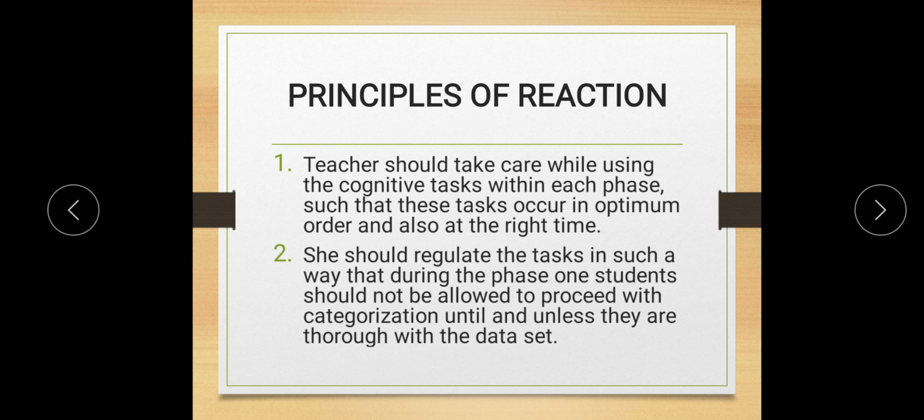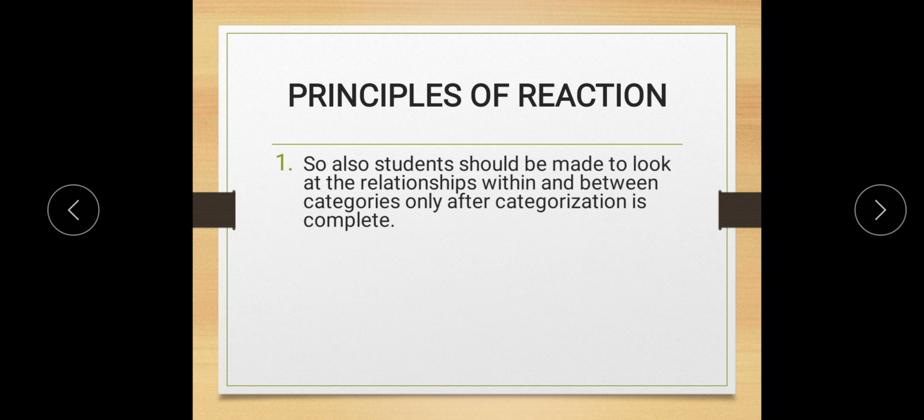That is, they need to understand the kind of data that is given and should not go for classification of data without understanding what is given at first. Also, the students should be made to look at the relationships within and between the categories only after categorization is complete. I hope you are able to link this to what we discussed earlier.